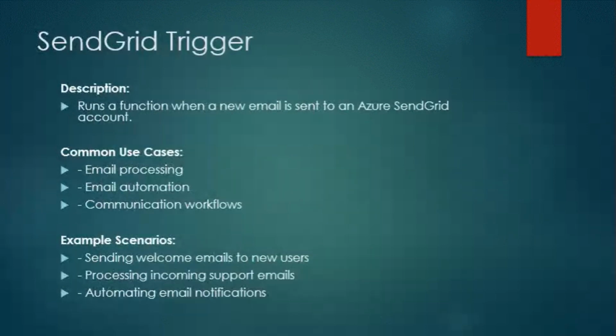In that case, you can use this Cosmos DB trigger if you are storing your operational data in Azure Cosmos DB and you want to sync multiple databases. So you will use this Cosmos DB trigger whenever an insert, update, delete operation happens.